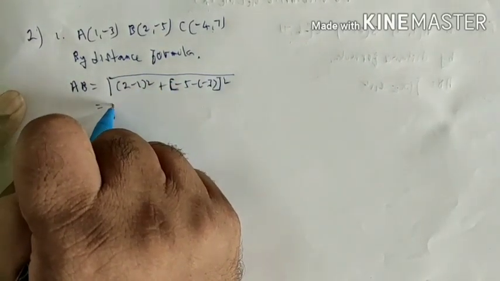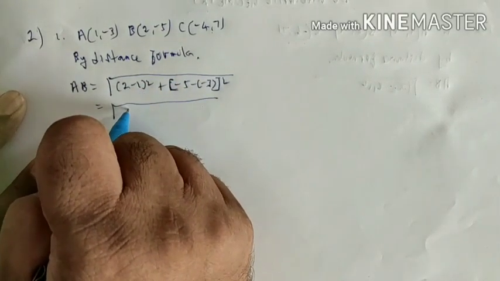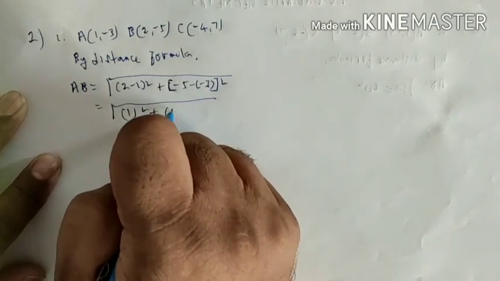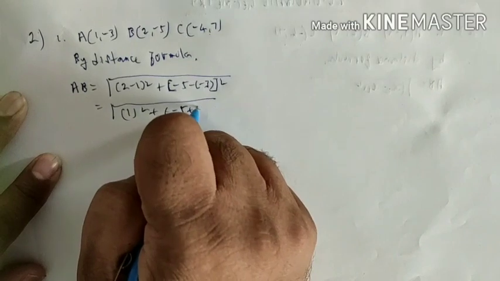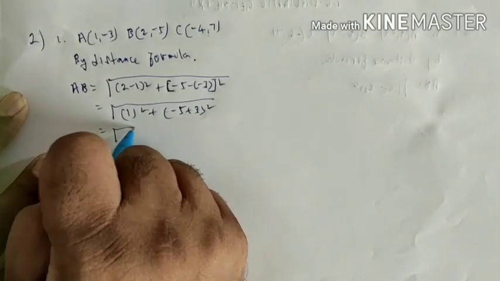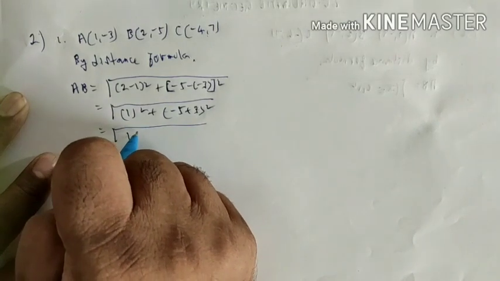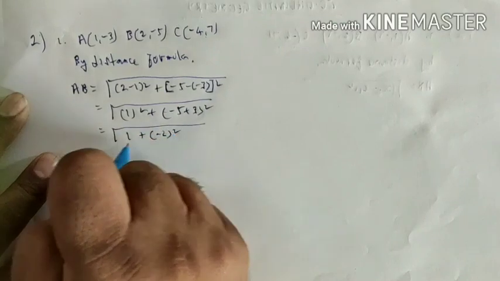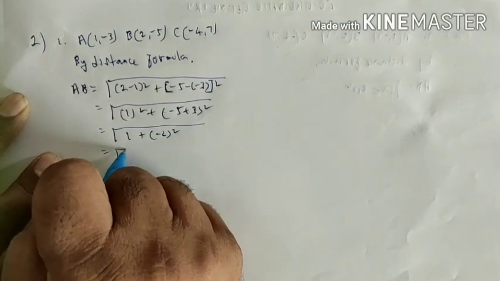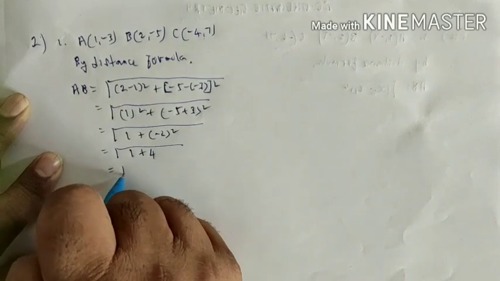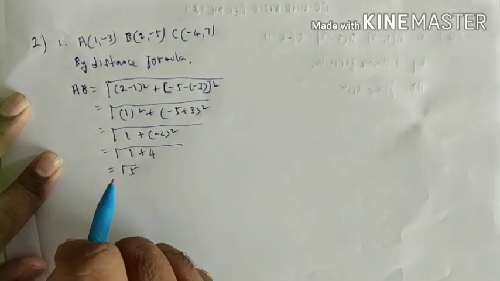It is equal to under root 2 minus 1 is 1 square plus minus 5 plus 3 square. It is equal to under root 1 plus minus 2 square. It is equal to under root 1 plus 4, that is equal to root 5.